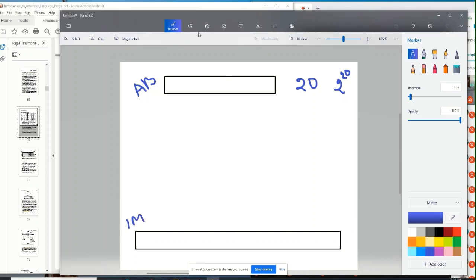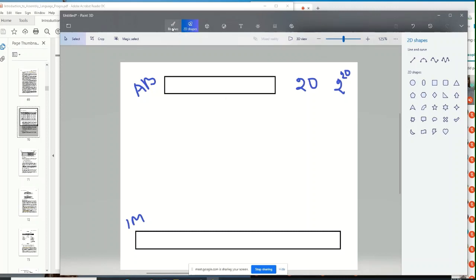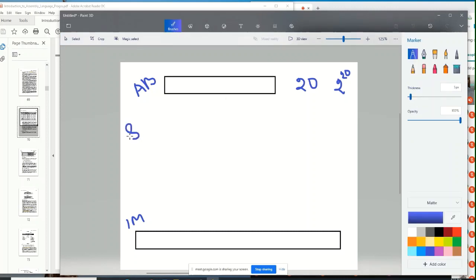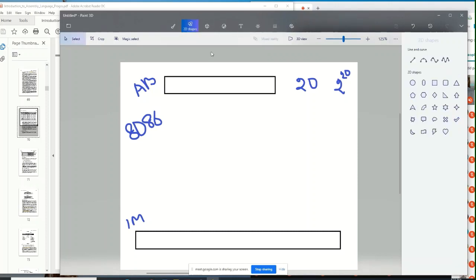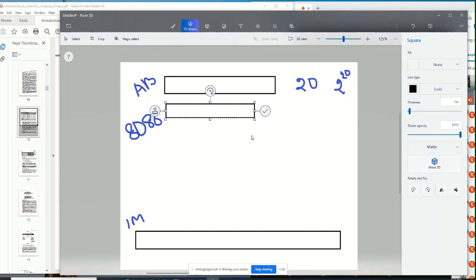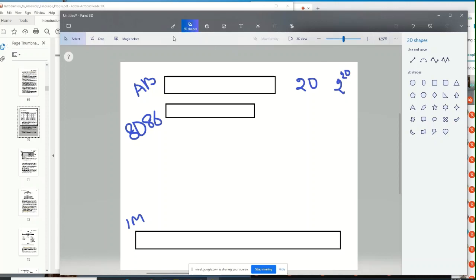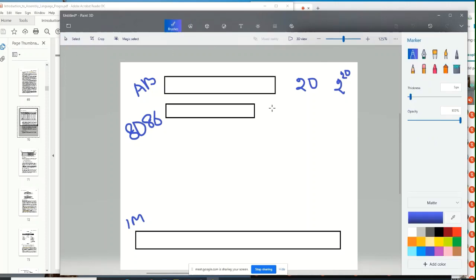Now the problem is our internal register. By the way, this is 8086. Please consider my mouse writing, not handwriting; mouse writing is not good. Let's say this is our register, and our register size is 16-bit. This is our register, this is our address bus.